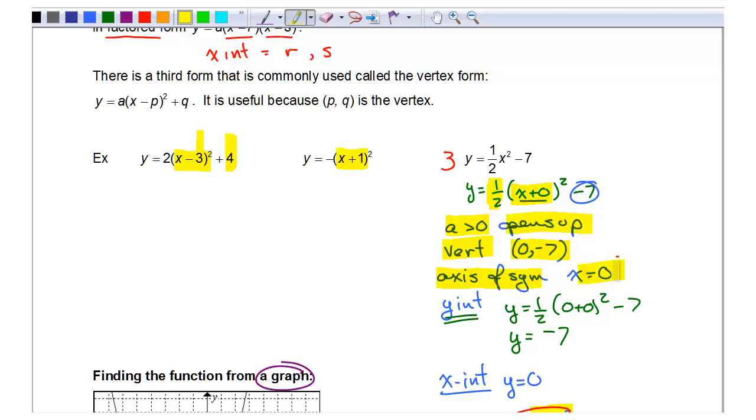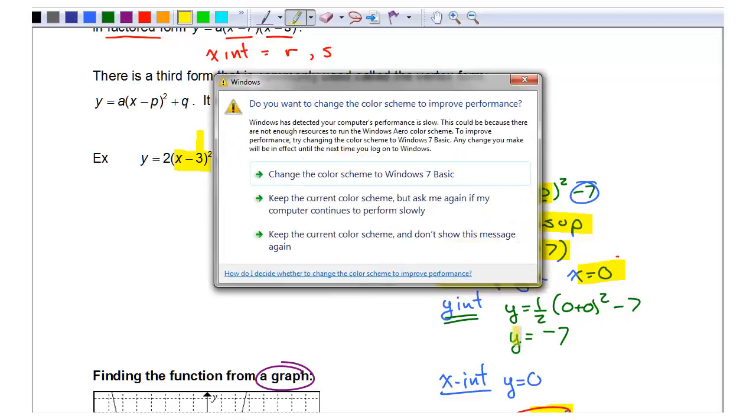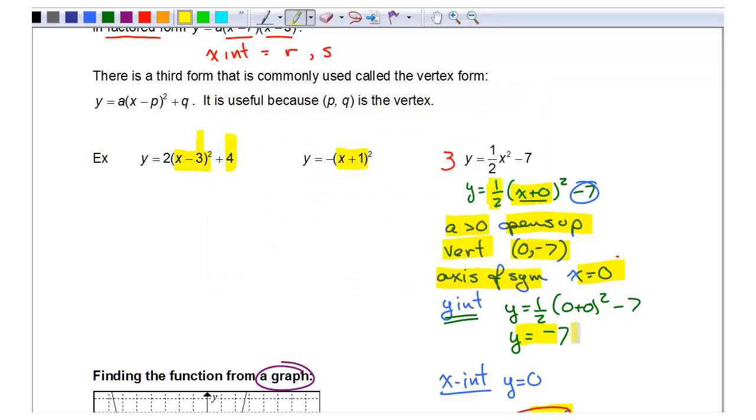Our y-intercept we can find if we let x equal 0. So 0 plus 0 squared is 0, half of 0 is still 0, and 0 minus 7 gives us a y-intercept of negative 7.